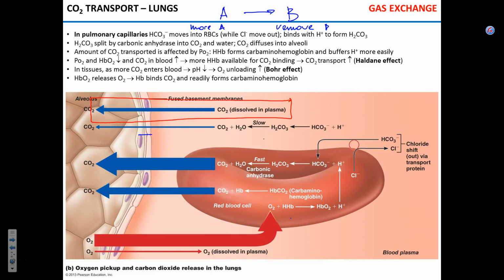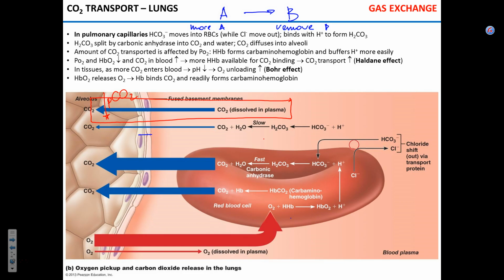What happens to carbon dioxide that's in the alveoli? What do we do with it? We constantly exhale it. So we maintain a low concentration of CO2 in the alveoli. Does that make sense?